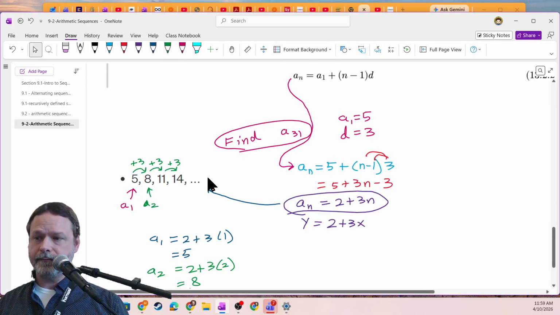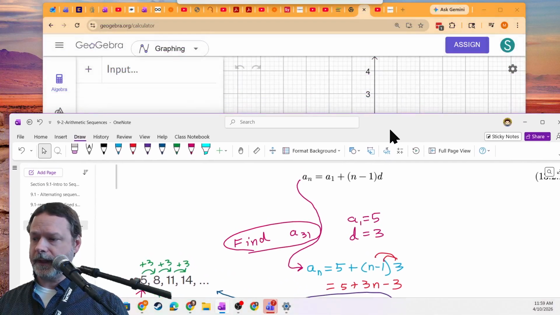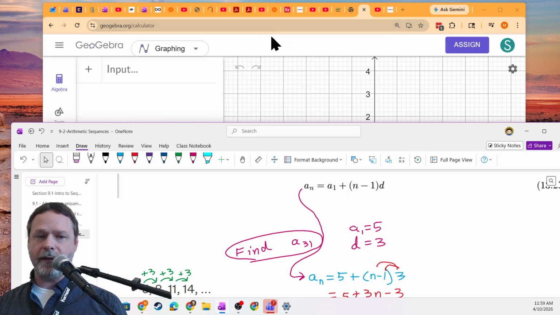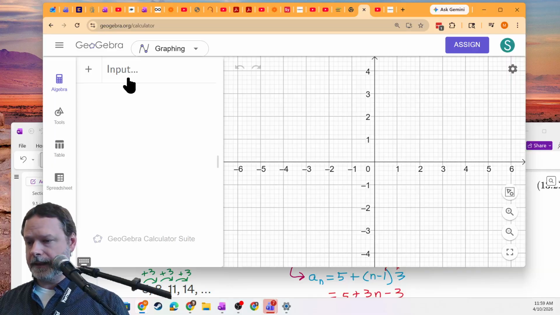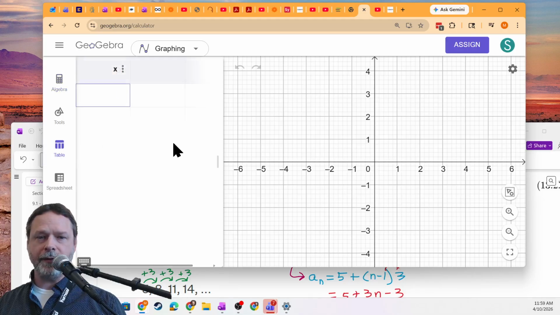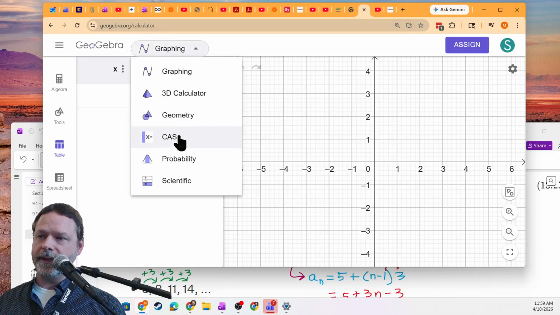Now, let's take this and look at how we can use technology to check our work. It's super easy on these guys, okay? And we're going to look at kind of that connection too. So with this, what you can do is set up a table. You're in geogebra.org/calculator. I'm in the graphing mode.